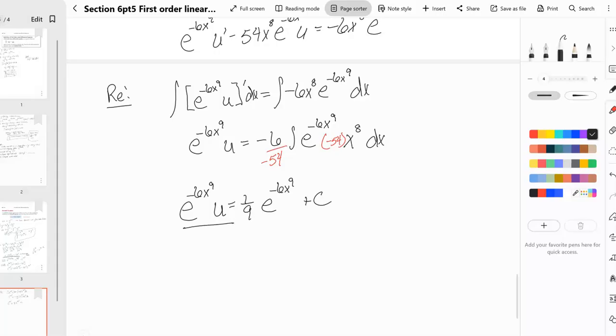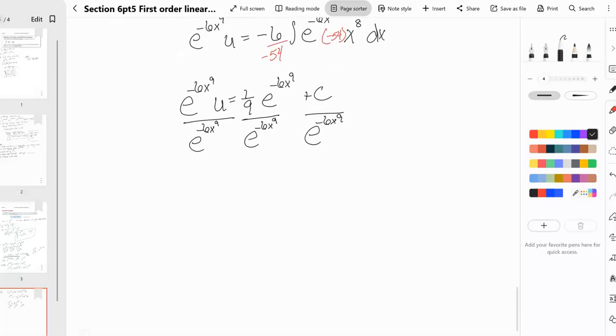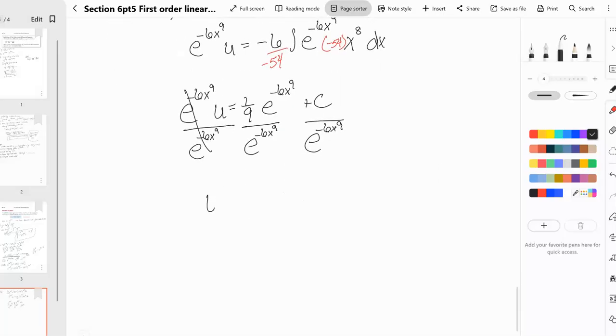Now we're going to divide everything by e to the negative 6x to the ninth. We're going to have u equals 1 over 9 plus c e to the 6x to the ninth. Notice I brought this to the numerator by making that exponent positive. We want this in terms of x.